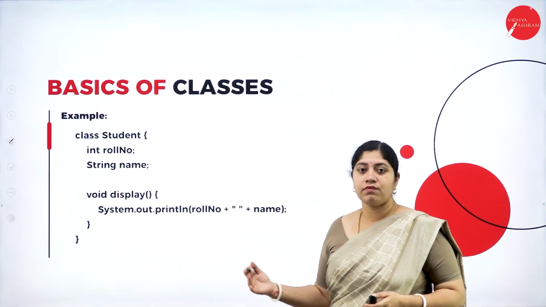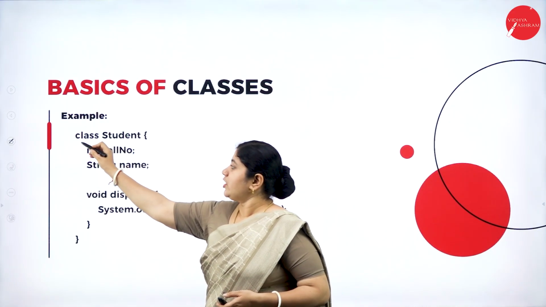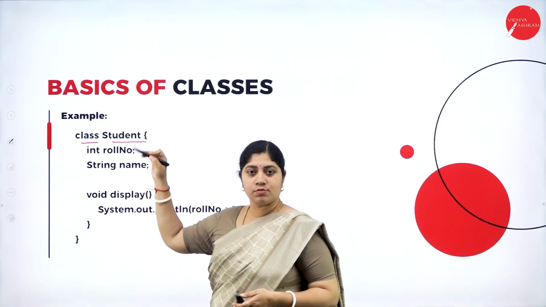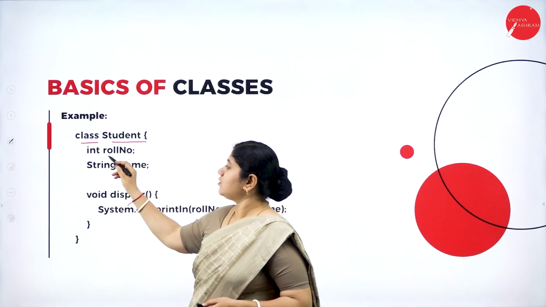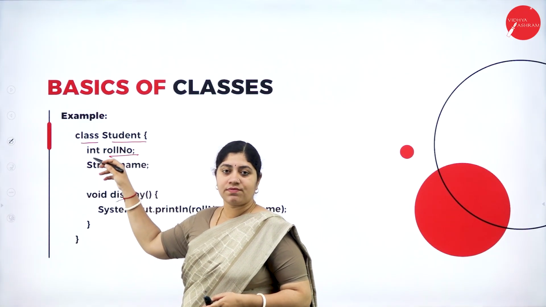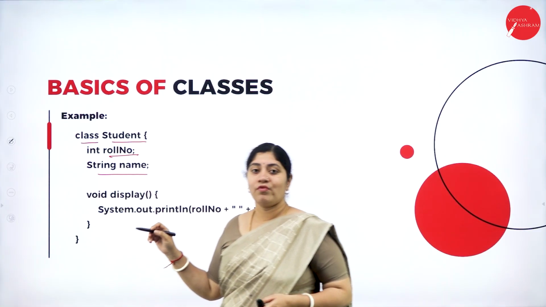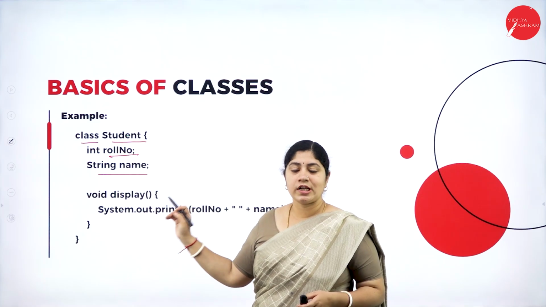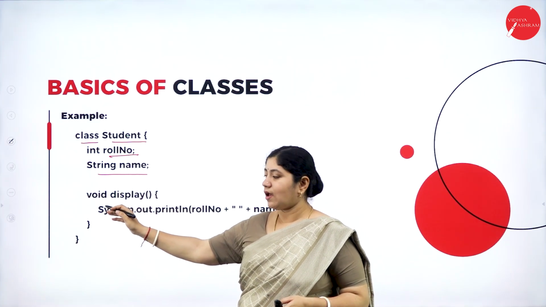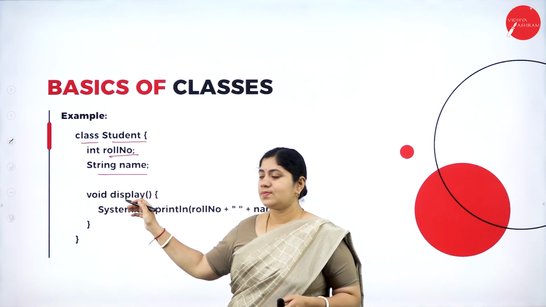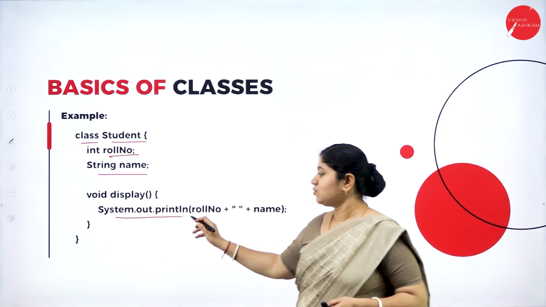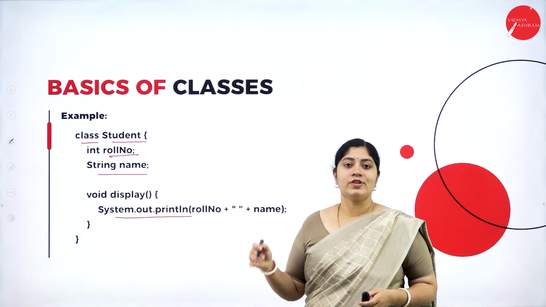Let's see an example for a class. So we have defined a class with the name student, and the roll number is defined following the string name. Now we are going to declare the main method. So we have written void display followed by system.out.println.